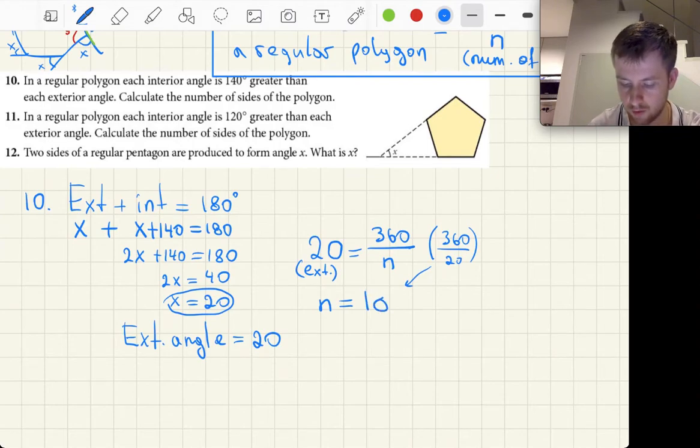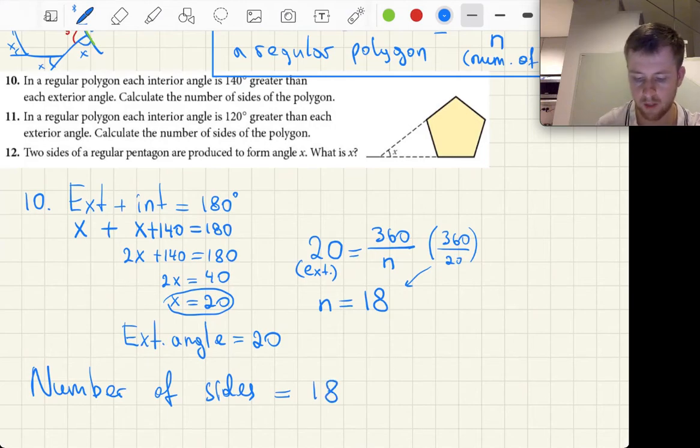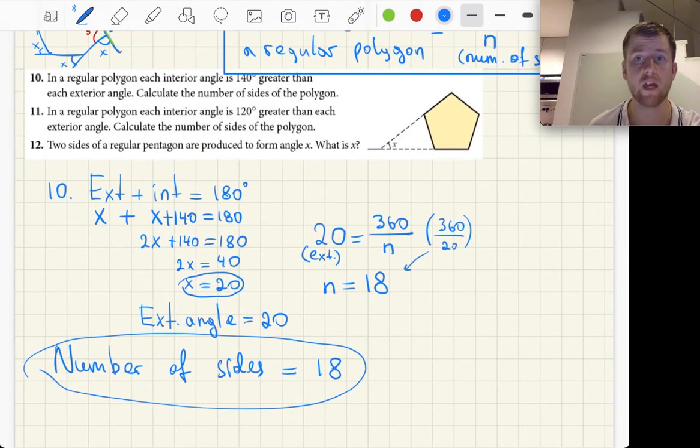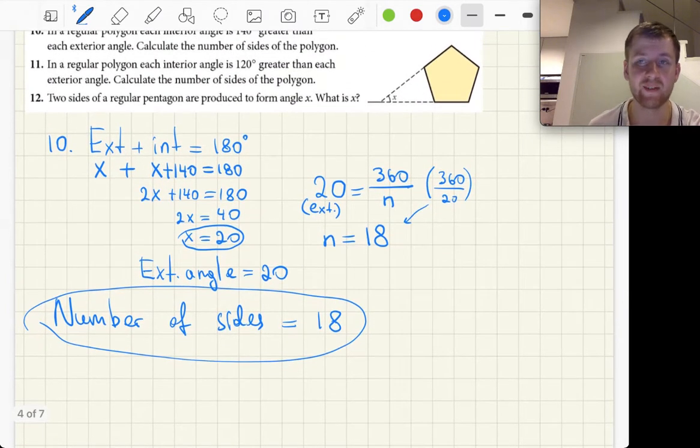Remember, this is the number of sides. So in number 10, the number of sides of this polygon equals 18. This is our final answer. Thankfully, we don't have to name it, just tell the number of sides, because I don't even know what an 18-sided polygon is called.